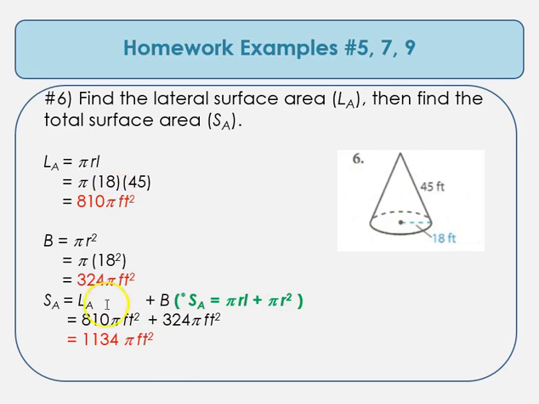So we'll take our answers for lateral surface area, which was 810 pi feet squared, and our base, which is 324 pi feet squared. We'll add them together, and our answer is 1134 pi feet squared. So the cones are actually fairly easy to do.